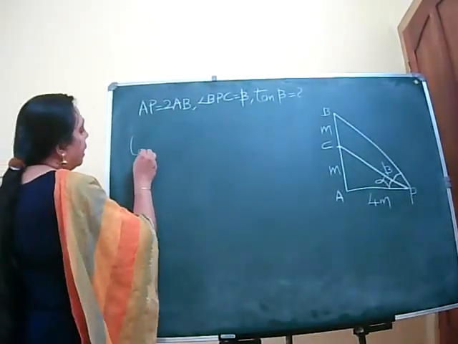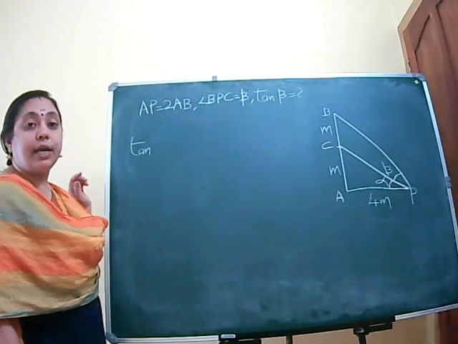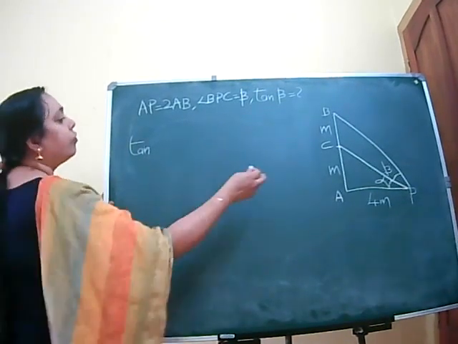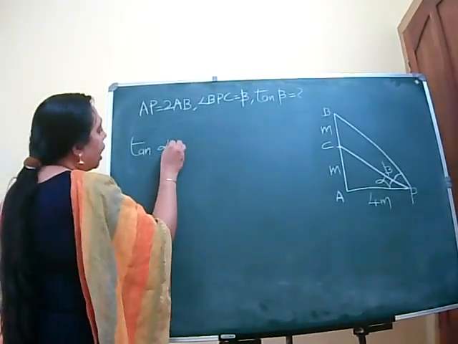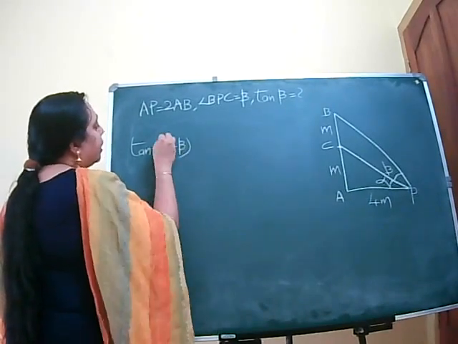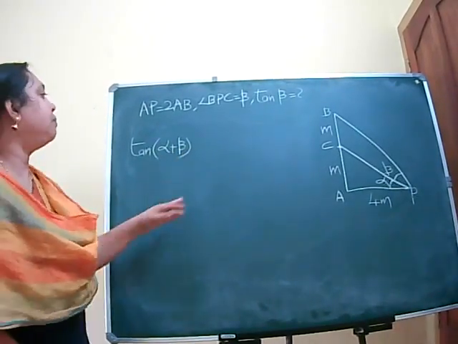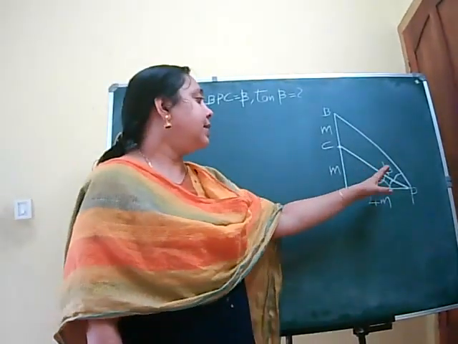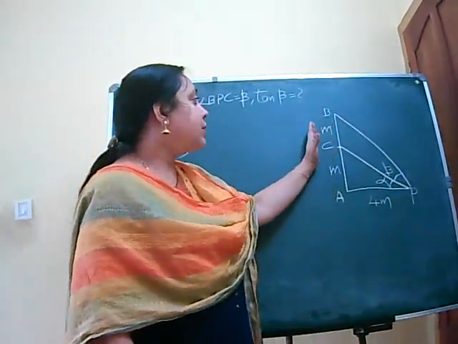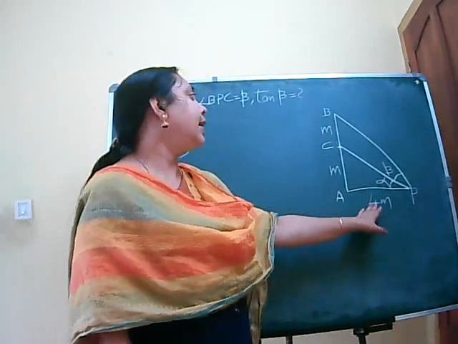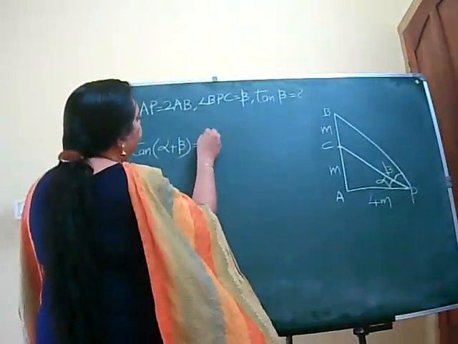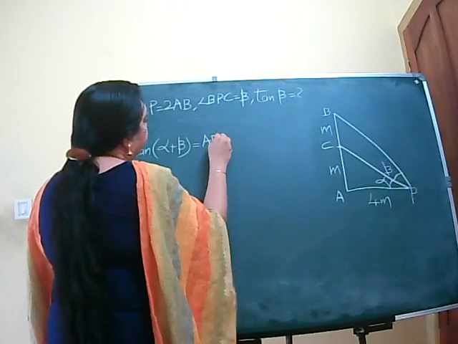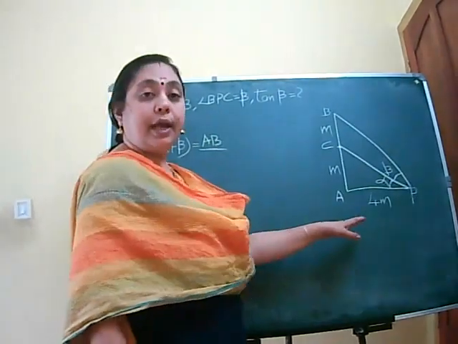That is, tan of alpha plus beta is equal to, we know that tangent is the opposite side by adjacent side, that is AB divided by AP.